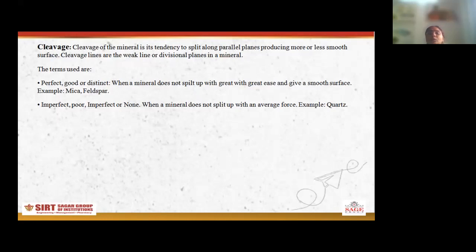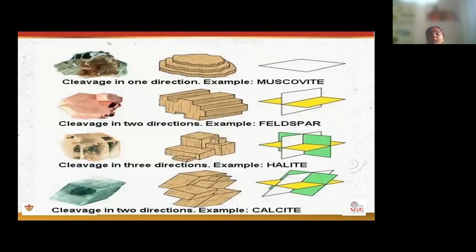Mica and feldspar are examples. Mica has a hardness of about 2 to 3, and feldspar has hardness 6. So when they split, they do not split easily. Imperfect means the mineral does not split with average force. Quartz is an example.